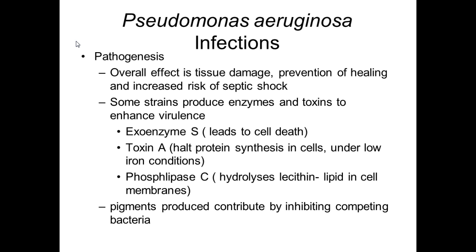Toxin A halts protein synthesis in our cells under low iron conditions, right? So again, if we've got dead tissue, red blood cells aren't heading into the area, it's not going to be a very iron-rich environment, and it may induce the cells to produce this particular toxin, which is going to kill our cells, right? Protein synthesis is a necessary process for life for a cell.